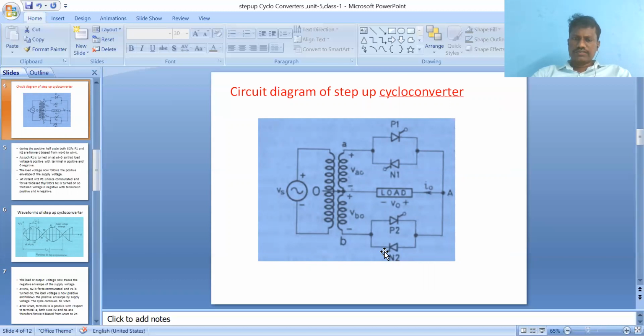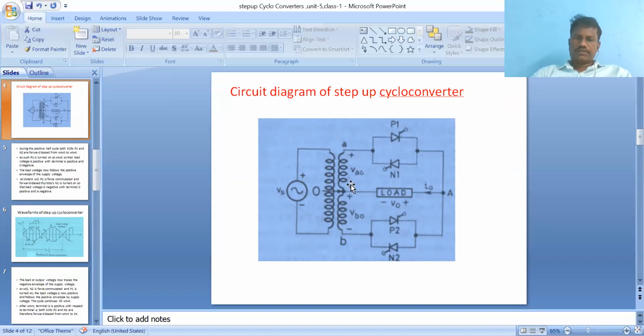N2 comes in conduction state after applying the firing pulses to P1 and N2. Now during this state, P1 is triggered. So the current path is A plus, P1, load plus, load minus, and back to A. It is a path like this.